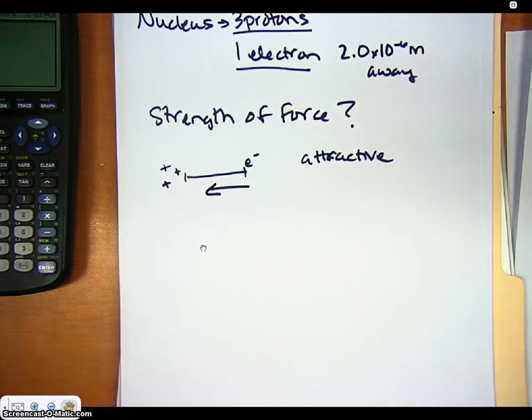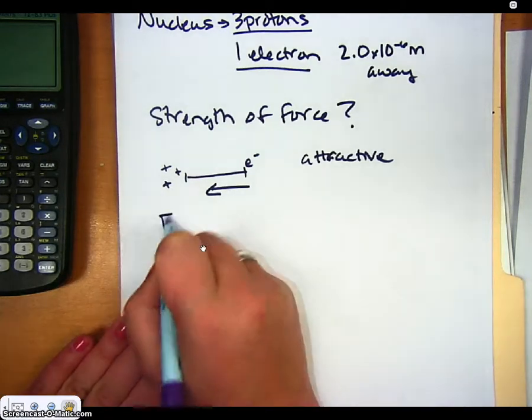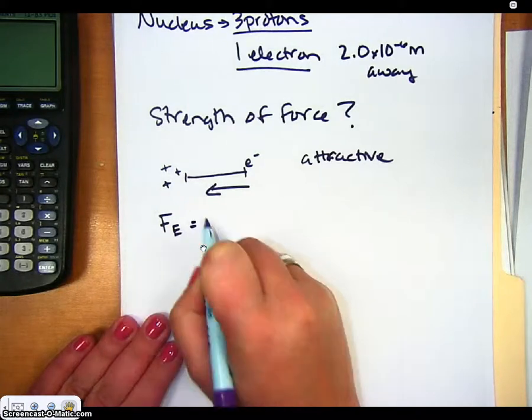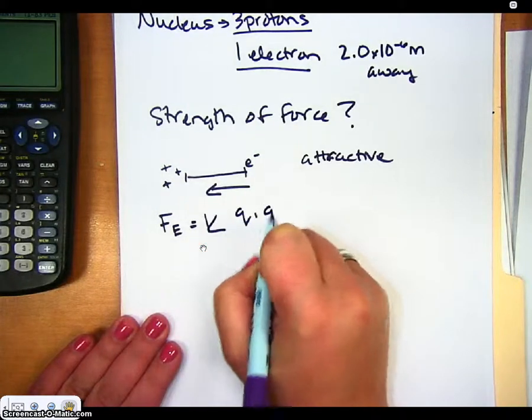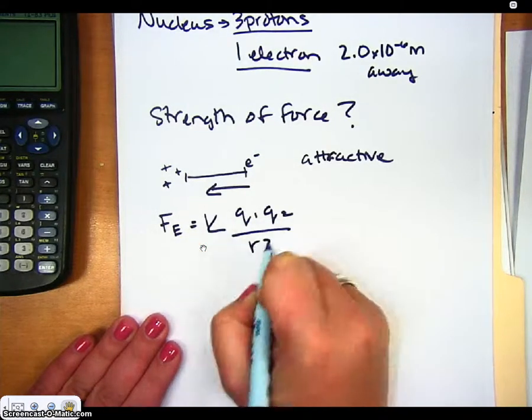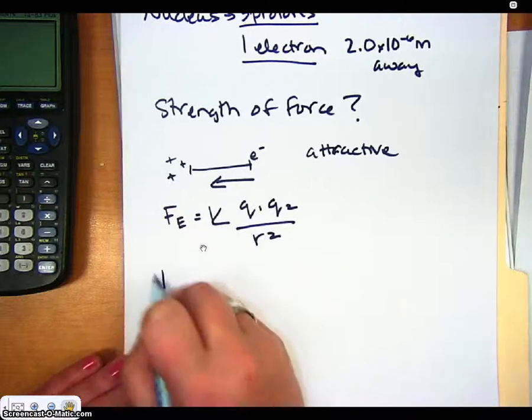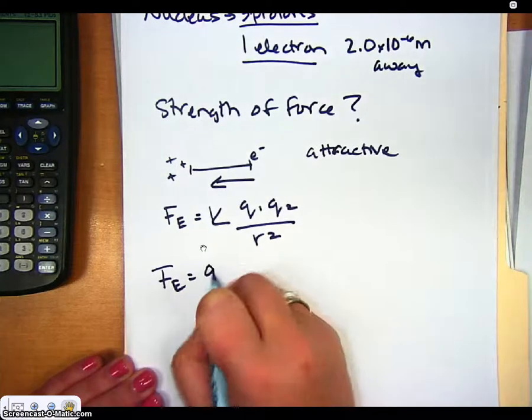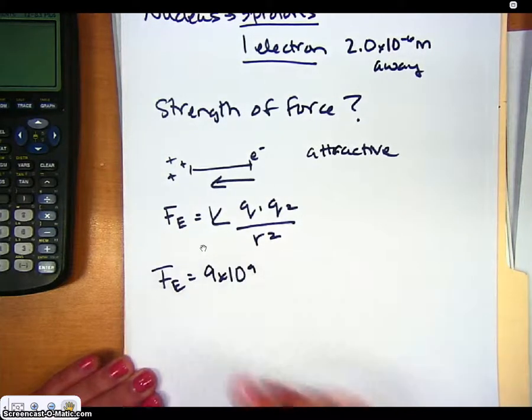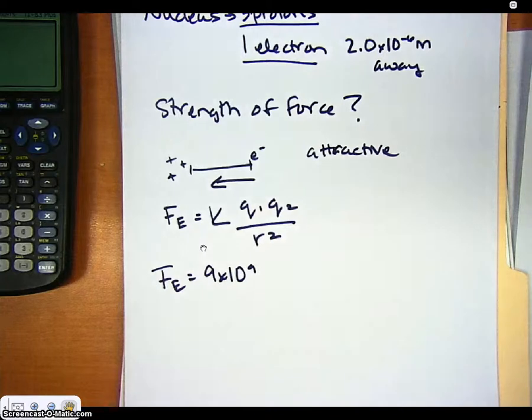Alright, so let's just calculate the magnitude of that force. We know the direction of it, so whether or not it's positive or negative isn't really going to matter here. So we've got Fe equals k Q1 Q2 all over r squared. Right? So I know that k is 9 times 10 to the 9th from my reference tables.